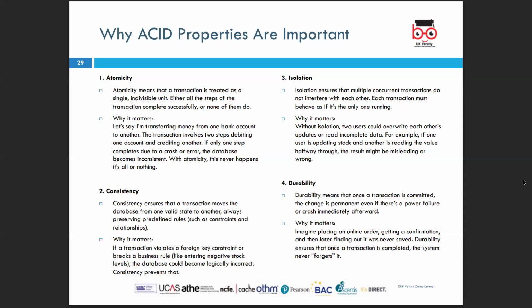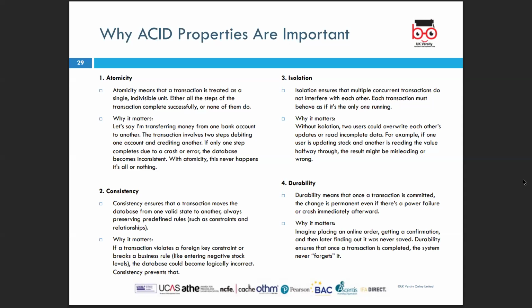Consistency, we're now going to ensure that the transaction moves the database from one valid state to another, always preserving predefined rules such as constraints and relationships. Isolation, we're now going to ensure that multiple concurrent transactions do not interfere with each other.